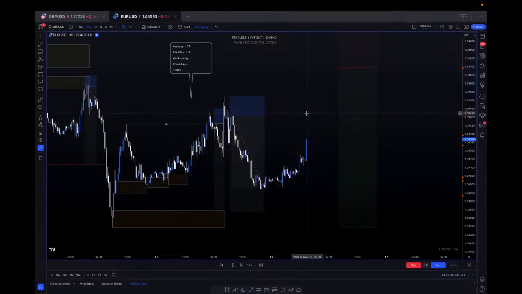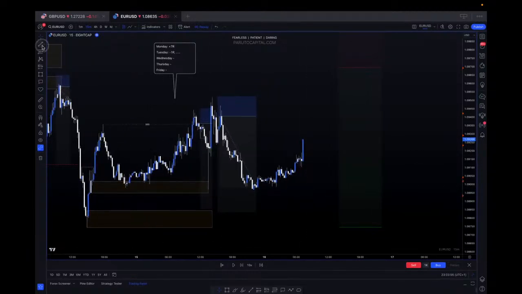So now Wednesday's here, so let's analyze price and see what we've got. Here you can see this is a sweep of liquidity. Oh, interesting.